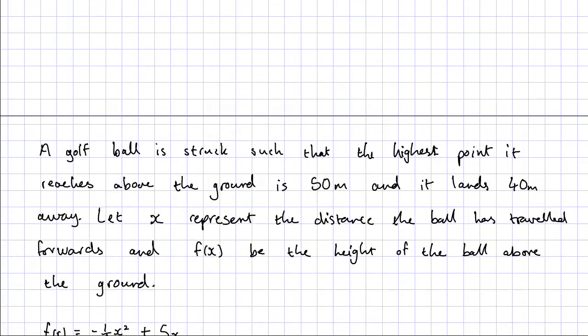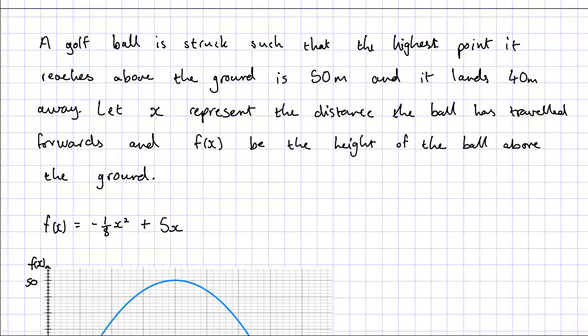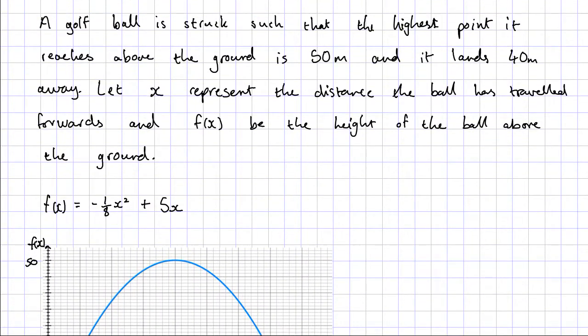Now, here is a use that we can have for differentiation. So we have a description of what we have here as a function and here as a graph. So I have a golf ball that is struck such that the highest point it reaches above the ground is 50 meters and it lands 40 meters away.